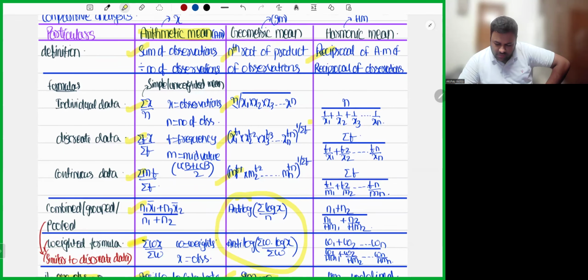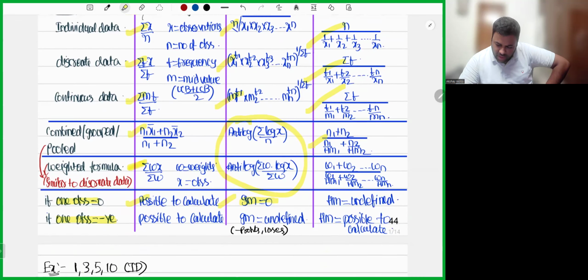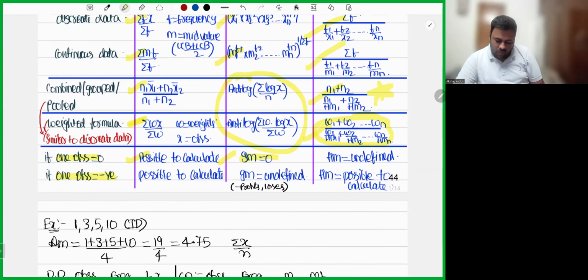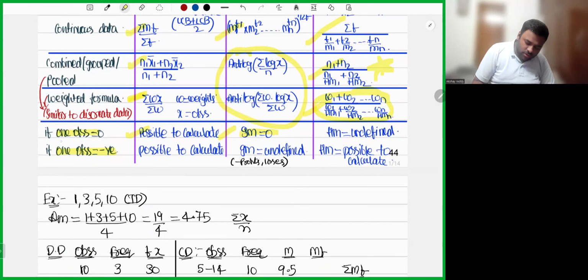Then these three formulas we have done. Next, I said combined or group. Next, weighted arithmetic mean. Again he'll ask; weighted formula is somewhat similar to discrete data itself. In discrete data you have frequency, here you have weights. Again, this is not important over here. Now, if any observation is 0, what do you think HM will be?